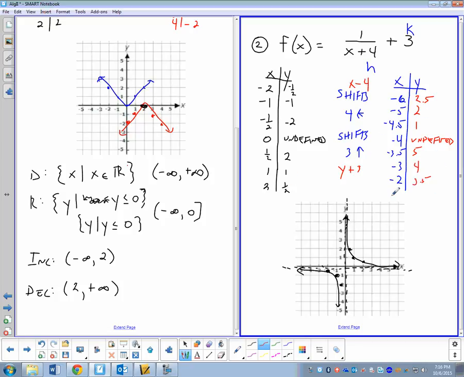So I can now graph these points to get my new graph. Negative 6 would be here. And 2.5 would be halfway up between 2 and 3. Negative 5, 2 would be right there. Negative 4.5, 1 would be there.